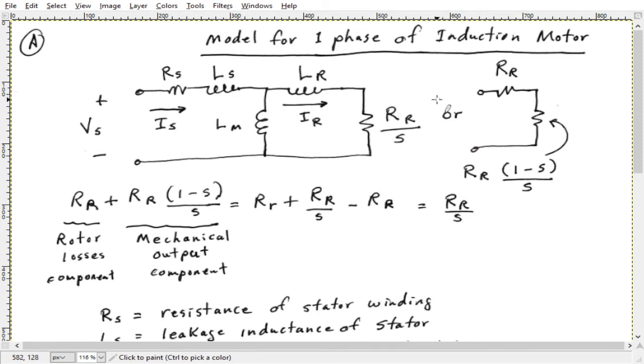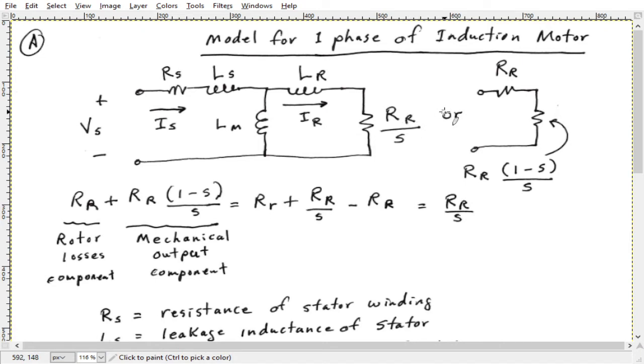Some of that power is lost by the resistance in the conducting bars inside the squirrel cage, but the rest of it is turned into mechanical energy. It rotates the shaft of the motor, and some of it overcomes losses due to bearing friction and windage. But for the most part, this represents the power that's actually going to rotate the shaft.